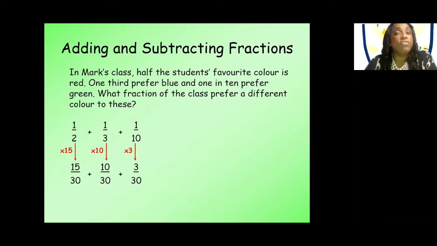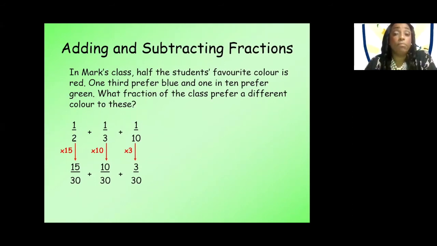So you have here 2, 3, 10. What is the LCM of 2, 3, and 10? Students, remember, you have to be accurate when you're finding the multiples of each of these numbers, because sometimes I find that students skip over a multiple and jump to the next.